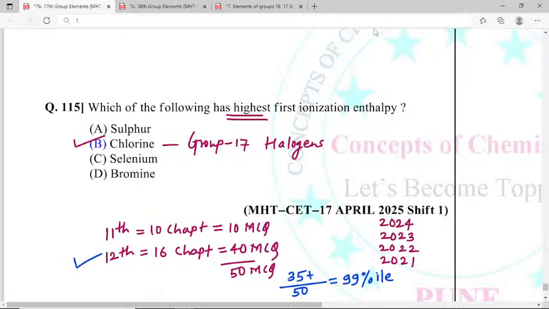So complete 12th first and then 11th. Only PYQs. Always remember, if you solve all PYQs from 2025, 2024, 23, 22, 21, you will get the 99 percentile, sure. Got it? Only PYQ solving.